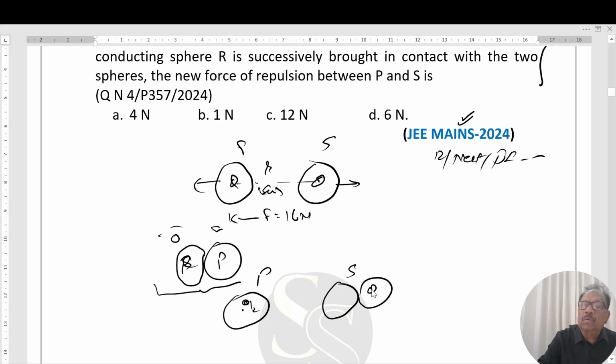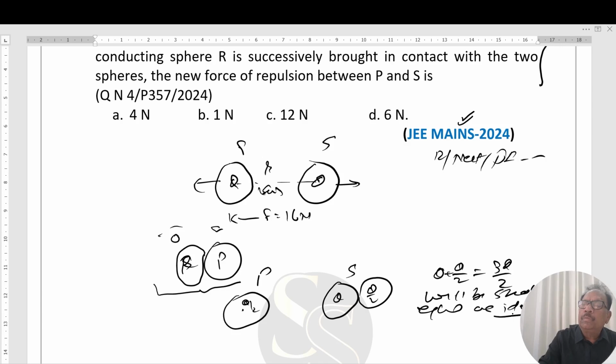This is Q by 2, this is Q. Q plus Q by 2, that is 3Q by 2, will be shared equally as the spheres are identical. Therefore, 3Q by 4.